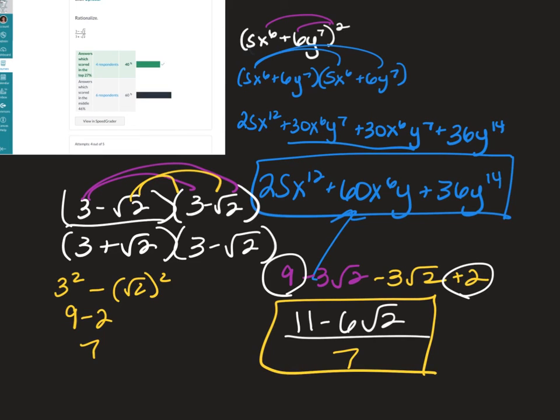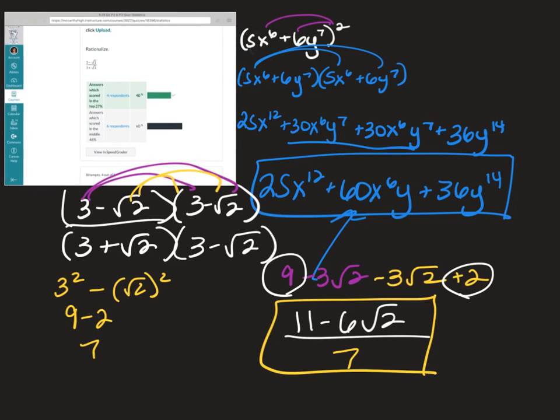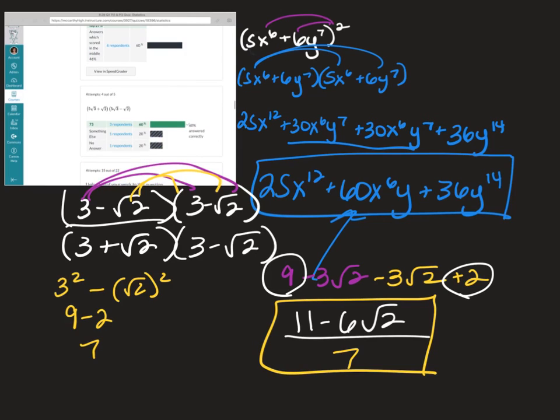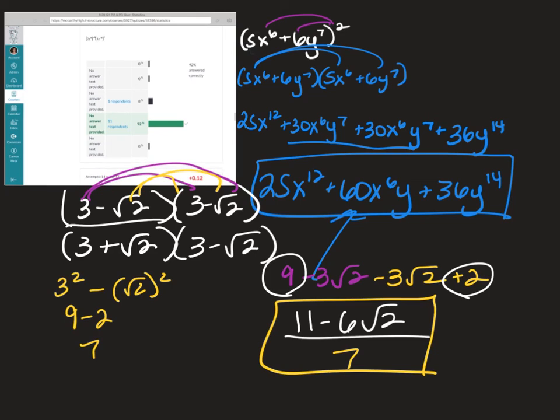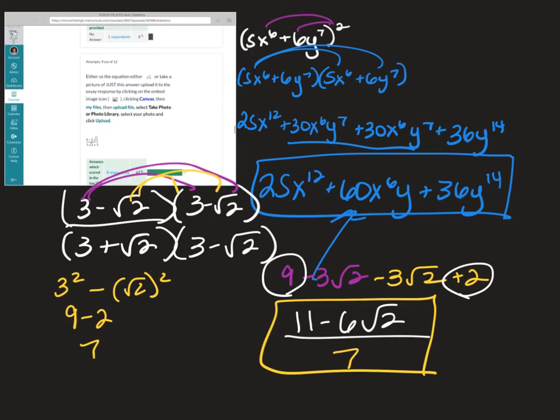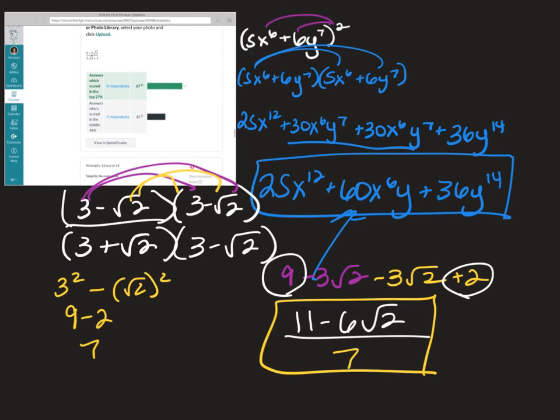So that one was missed a lot. And the same process for the other quiz, obviously they're just different numbers, but it was the same process. You had to multiply both by the opposite of the denominator. And then everything else was not awful. Those were the most commonly missed questions, I think. Yeah, this is the same process.